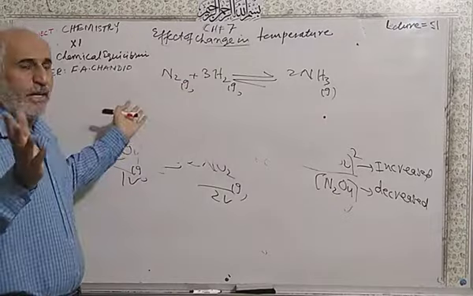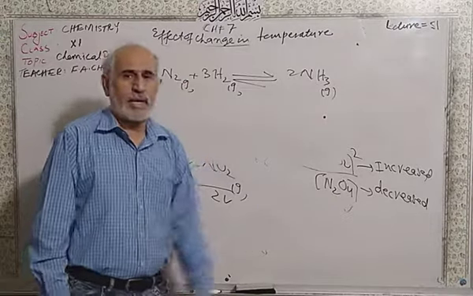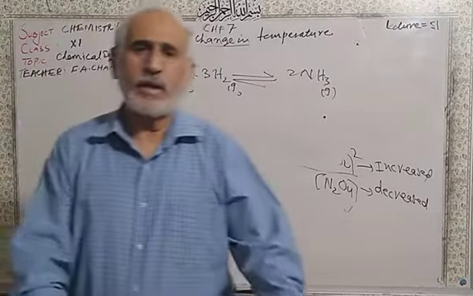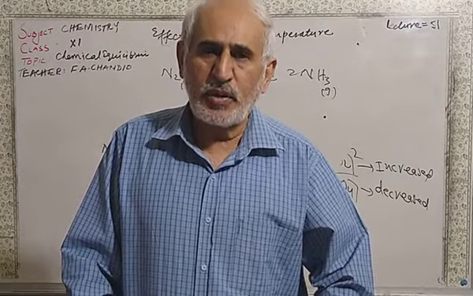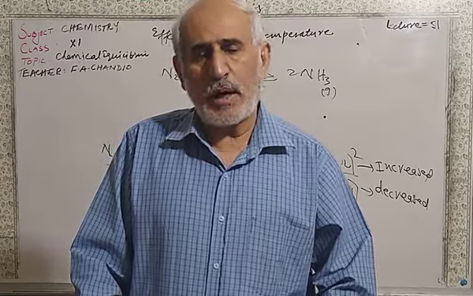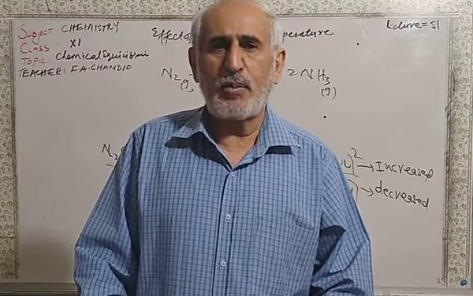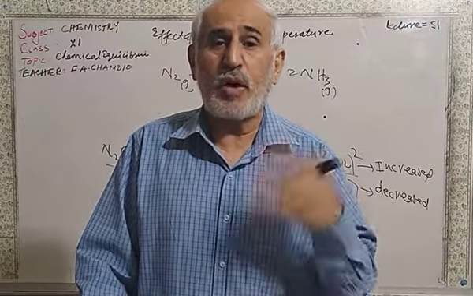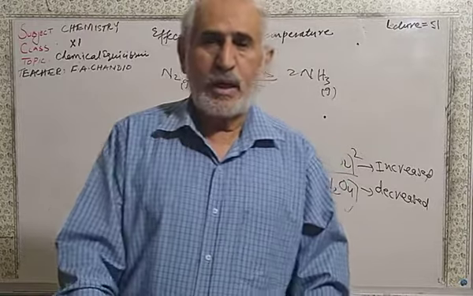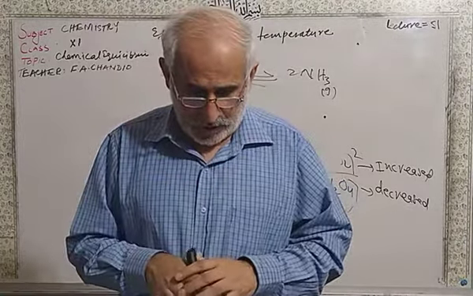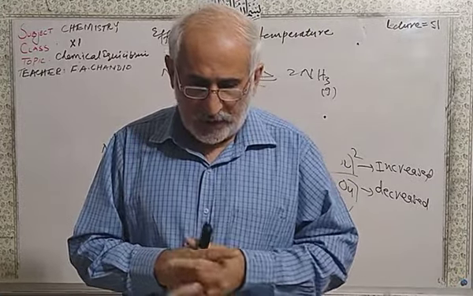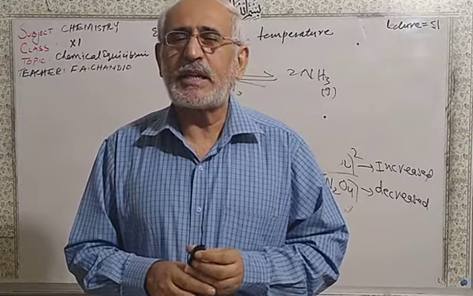We need that amount of energy to make the ammonia gas. So 400 to 450 degrees centigrade is required for the cleavage of the nitrogen and hydrogen bonds, to form new bonds and make the chemical reaction feasible for the forward step. So dear students, 400 to 450 degrees centigrade is required.